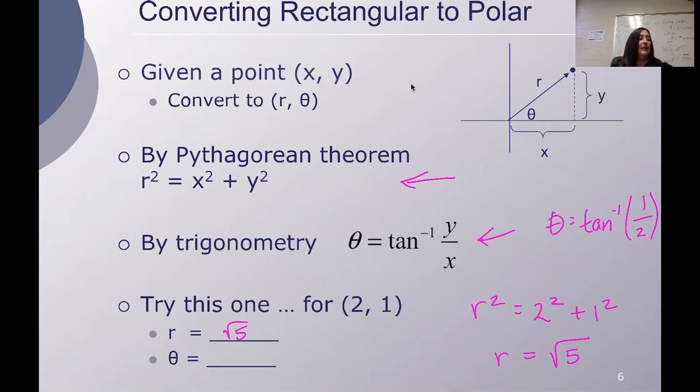I'm going to do inverse tangent of 1/2. If they want it in degrees, make sure you're in degree mode. If they want it in radians, make sure you're in radian mode. If I am in radian mode, my angle would be 0.4636. So that's just a short introduction to polar coordinates.